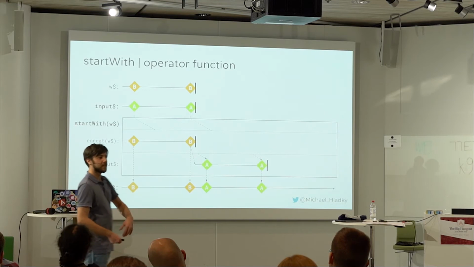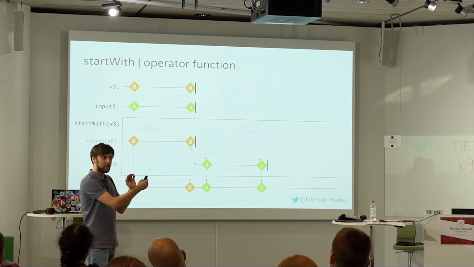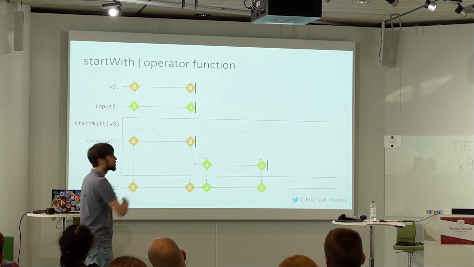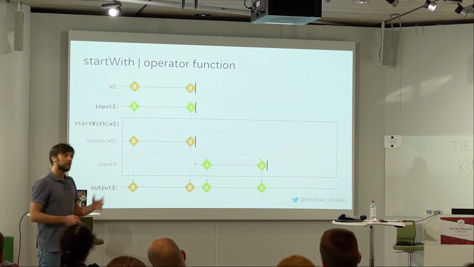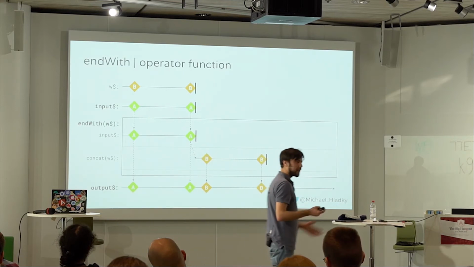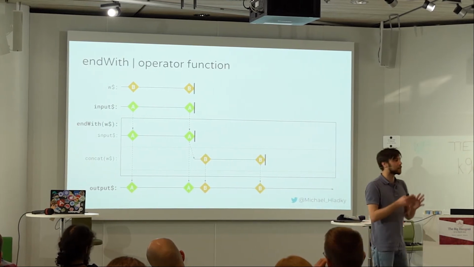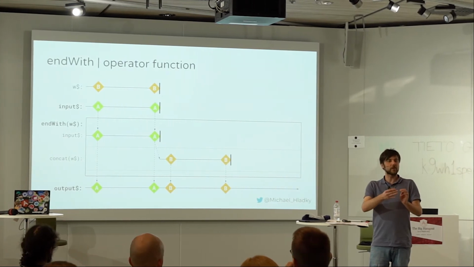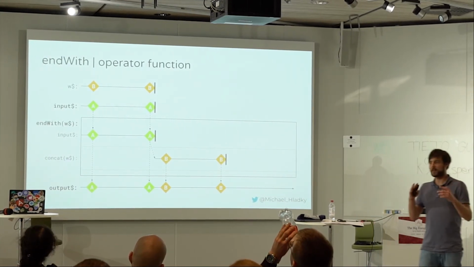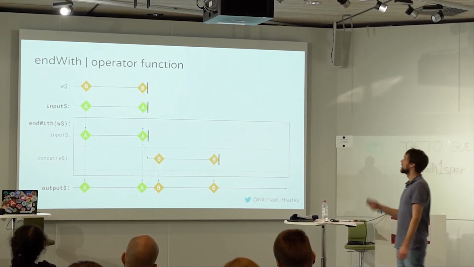So startWith concats some observable or some value to your original stream. Same with another operator that is called endWith, and endWith is doing the same stuff, it just concatenates the observable at the end of your stream. So if we understand concat, we also understand startWith and endWith.